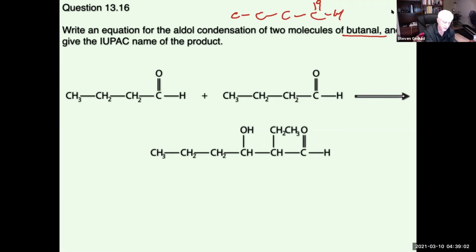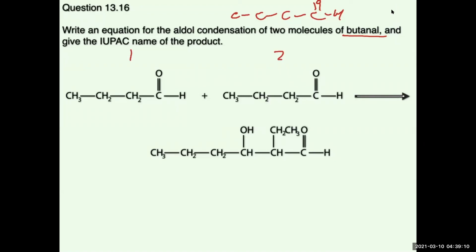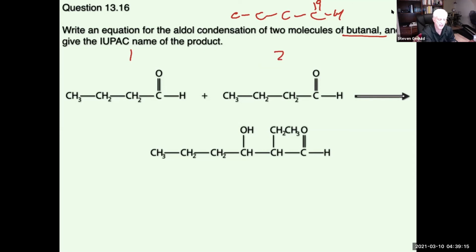Let's take our alpha carbon. So here's number 1, this is number 2. We're good with that part, right? We can all do 1 and 2. Yeah. All right. And we take the alpha carbon of number 2. Remember, the alpha carbon is the one adjacent to the carbonyl group.